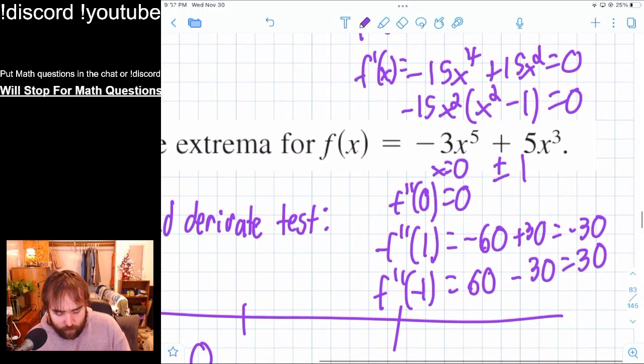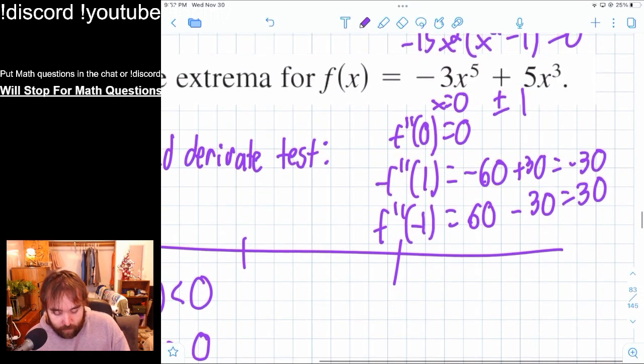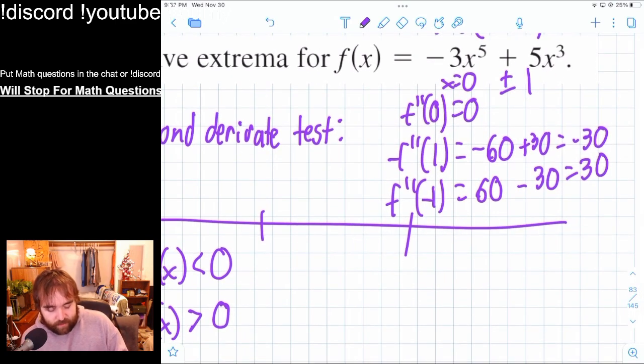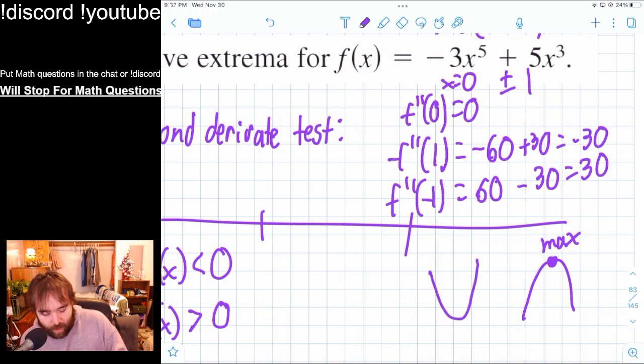Now what did that show us? At x equals 1, it's concaving down, which means that x equals 1 is a max. At x equals negative 1, it was concaving up, so that means at x equals negative 1, it's a minimum.